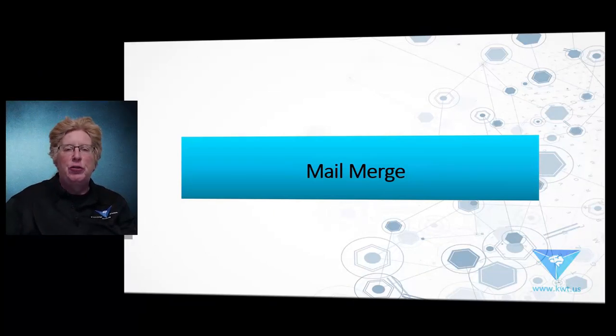The Mail Merge feature within Outlook is a great way to generate labels, envelopes, form letters, anything like that where the standard content is going to be the same, but you want to customize it for selected contacts out of your contact list.